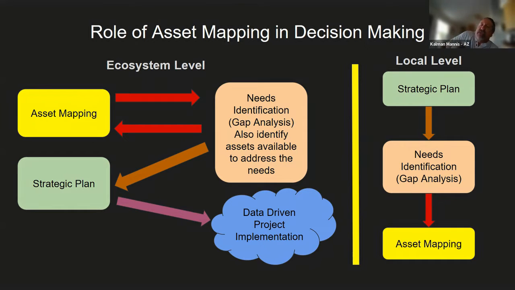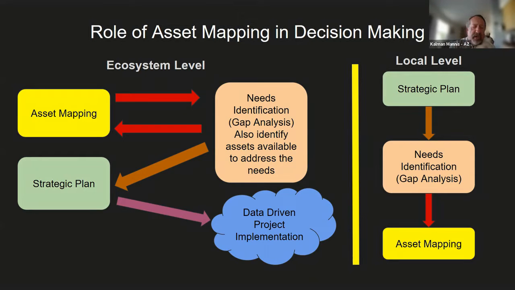This would be a town, a city, an organization, etc. A fairly small level. The ecosystem level on the left, a larger, more dynamic level, and the process. So asset mapping and needs identification are a back and forth.